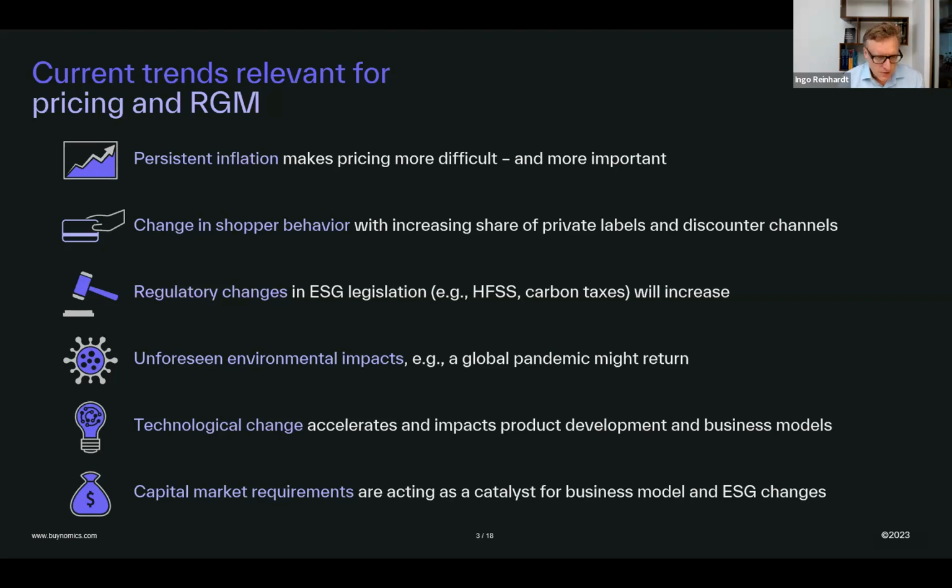And I always point also to the last point, as we have steeply increasing interest rates and changes in the capital market. These immediately have an effect on pricing, or pricing can really help also on the capital market of a firm, in the sense that if you are aiming for the trade-off between profitability and growth, if you focus more on growth rather than short-term profitability, you expect to have higher profits in the future.